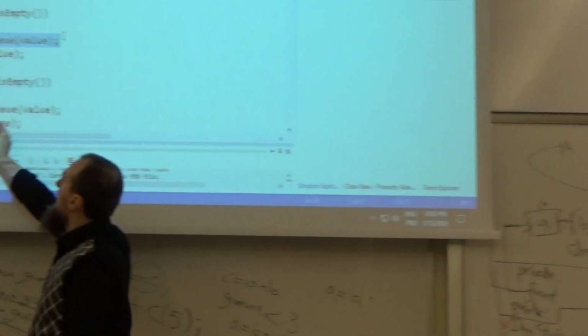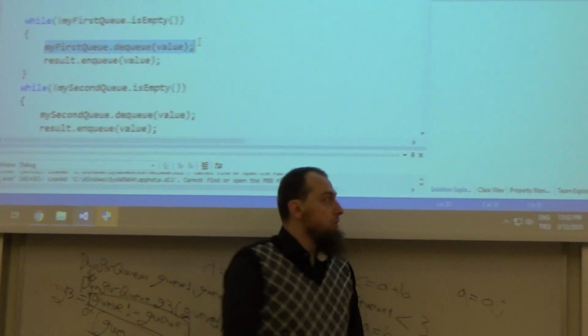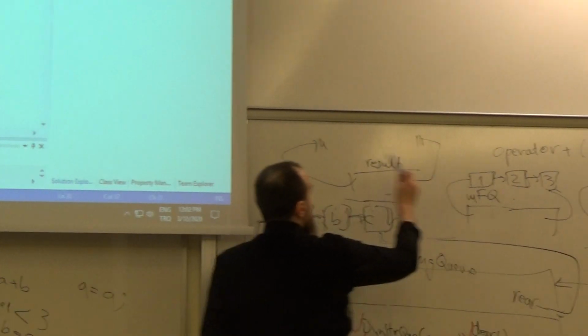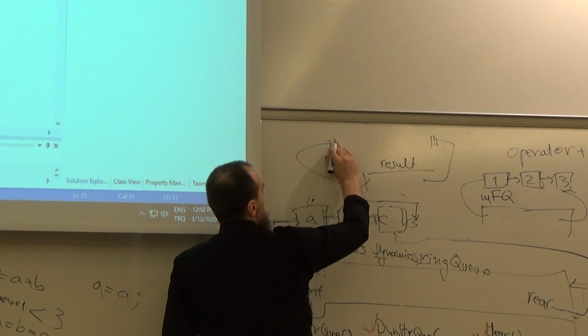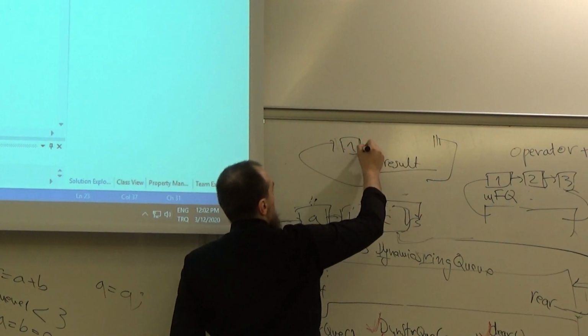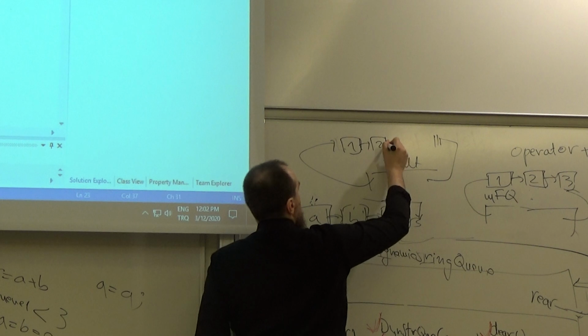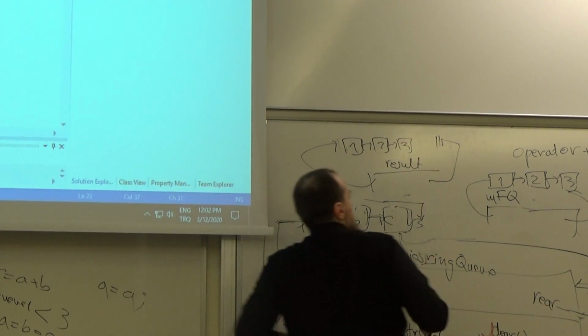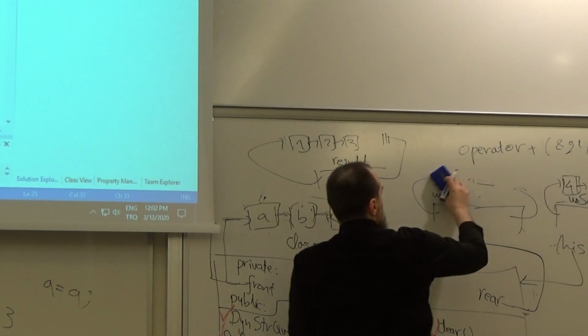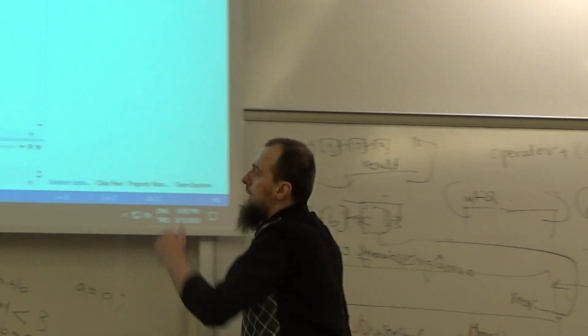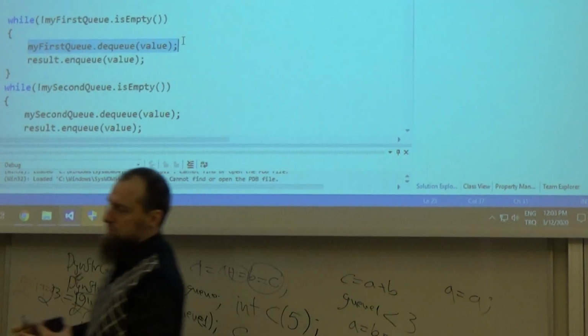So what I'm doing now, I'm dequeuing from my first queue, from this one, and putting to the result. So basically I'm dequeuing there and putting here. Again, up until the end, 1, 2, 3. And I dequeue all of those guys. When I don't have anything to dequeue, I do the same with the second queue.